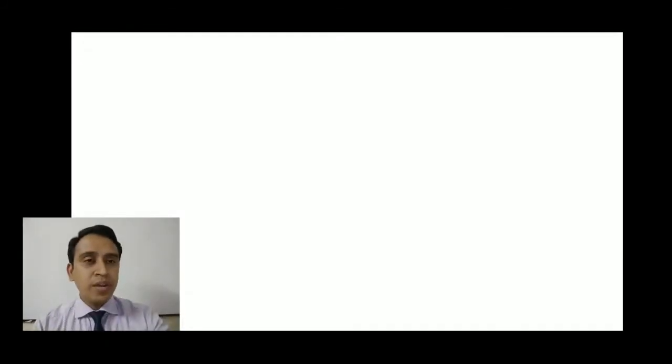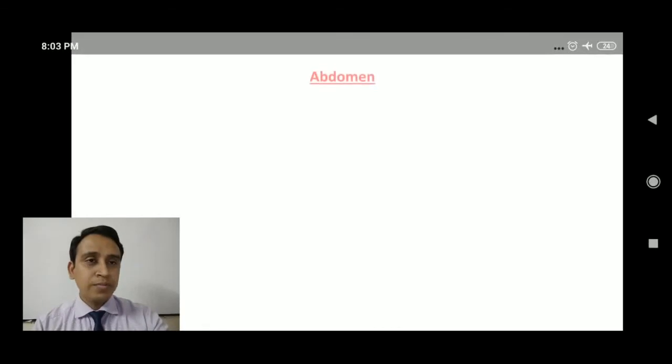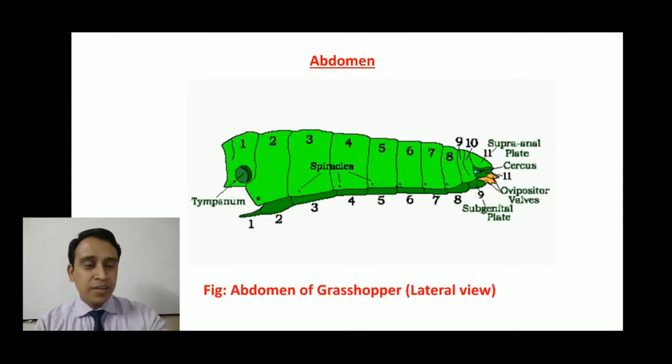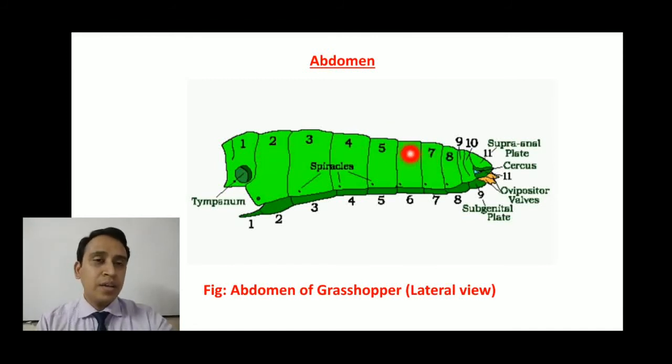Now the abdominal part of grasshopper. The abdomen of grasshopper is relatively narrow and elongated, and it is divided into 11 segments. You can see here the abdomen is divided into 11 segments, and the dorsal hard plate of the abdomen is called tergum, and the ventral hard plate or sclerite is known as sternum.